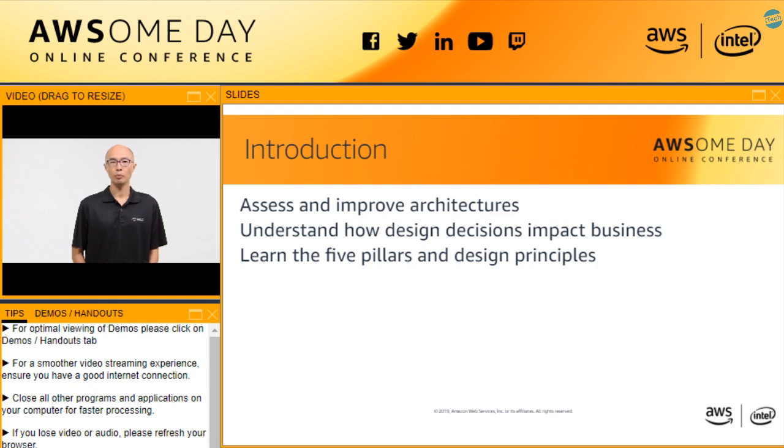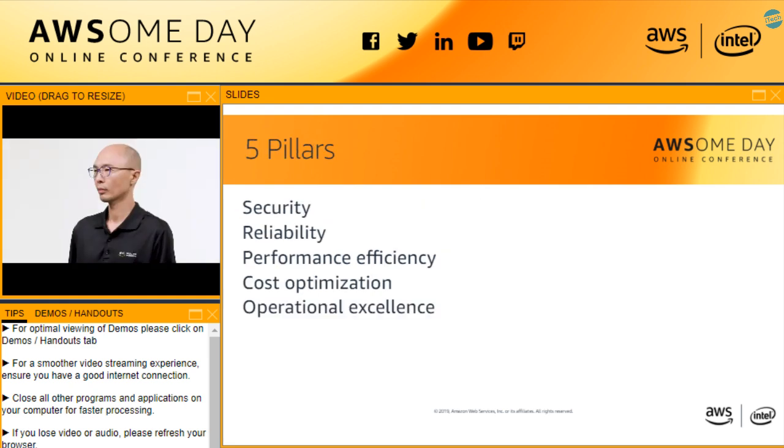The framework helps you to determine whether your infrastructure follows best practices. With that, AWS has developed a guide to help you with the design of your architecture from 5 different perspectives or pillars. The pillars are security, reliability, performance efficiency, cost optimization, and operational excellence. Let's go into more details.